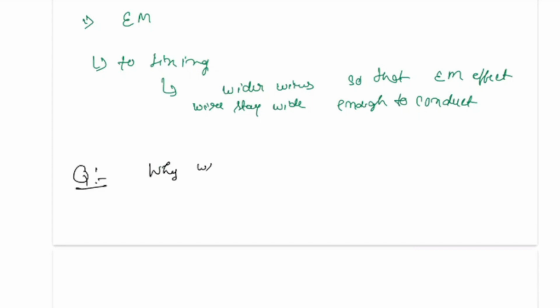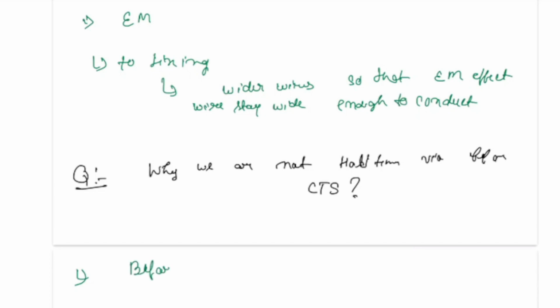Why do we not check all timing violations before CTS? Because before CTS, the clock is ideal. That means the exact clock skew is not there.